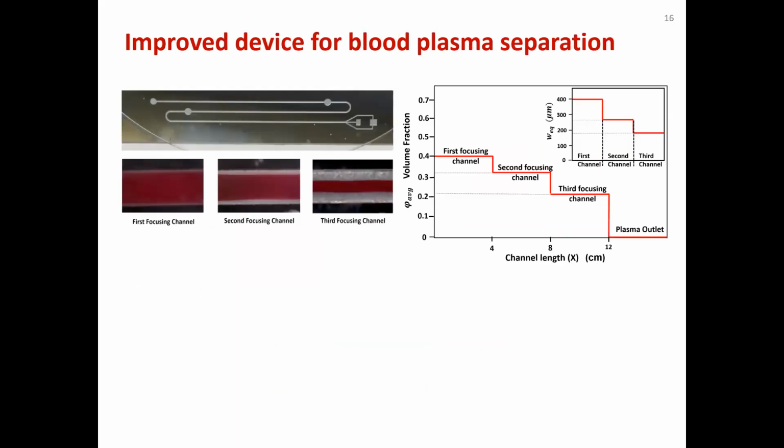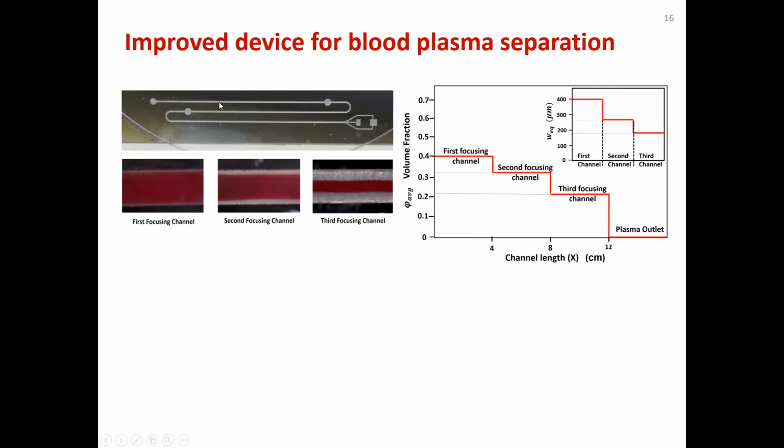So with this understanding, we were able to fabricate and develop a device. This is the channel configuration that came out of the study, where the whole blood is infused and it is focused because the entire device is actuated with sound wave.